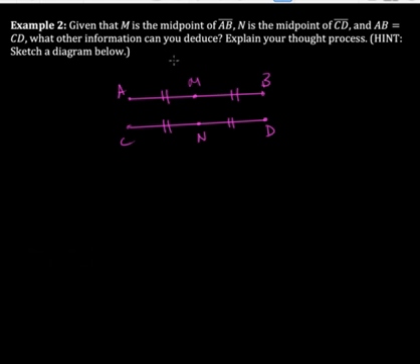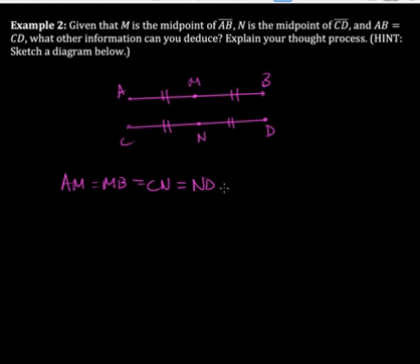Well, that's what we could deduce. But then the second part says explain your thought process. So we can deduce that AM is equal to MB, but it's also equal to CN and equal to ND, that all 4 of these distances are equal.